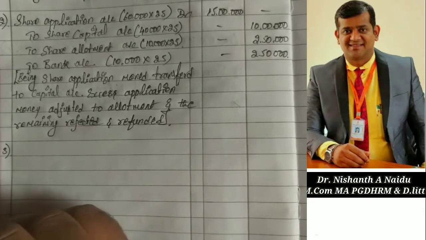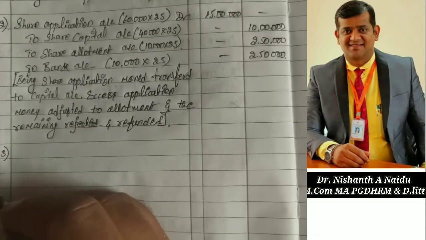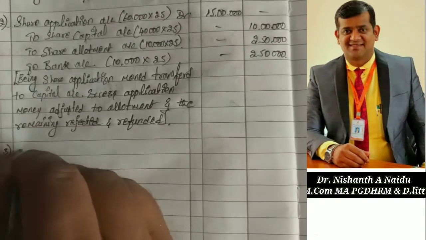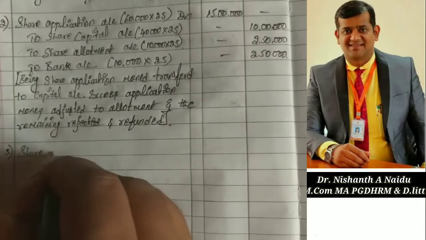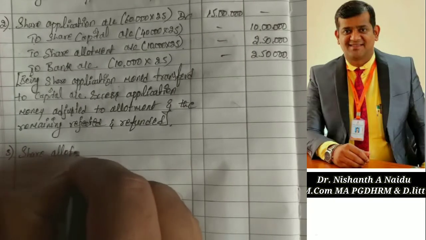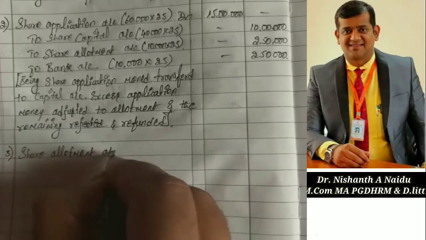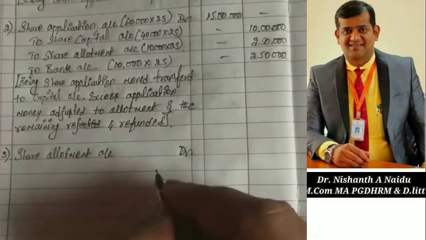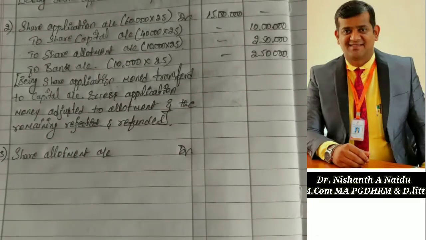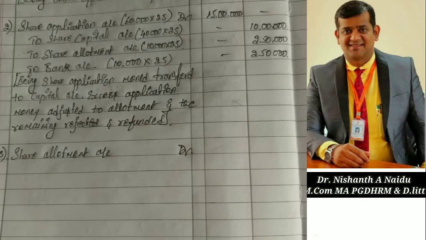So the third journal entry is the allotment due entry. So what is the entry? Share allotment account debtor. This problem is with premium or what? Of rupees 100 each at a premium of rupees 20. So premium is there.